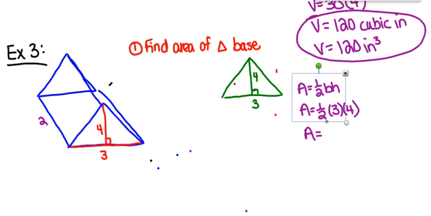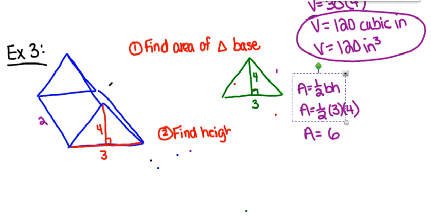So when I substitute into the formula now, I've got area equals 1/2 times 3 times 4. And when I plug in 1/2 times 3 times 4 in my calculator, I end up with 6. Step 2 is to find the height of the prism.